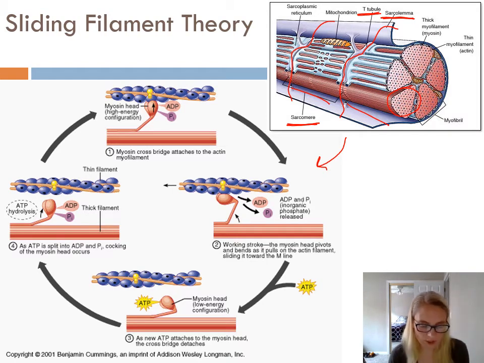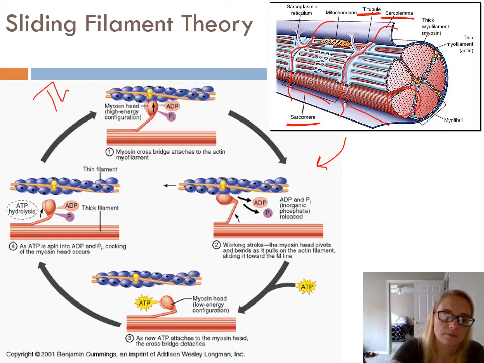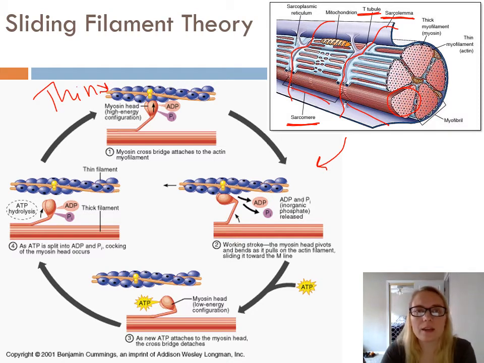On the thin filament, which is this one right here, kind of the purple beads, there is a binding site for the calcium, and when there's no calcium, the myosin head cannot bind, it's blocked.